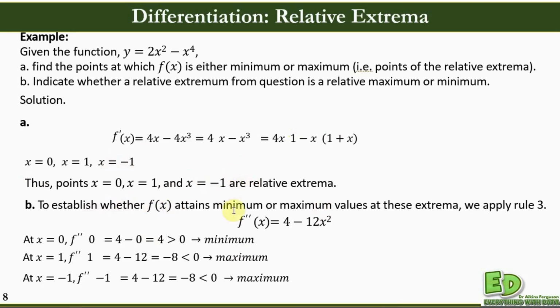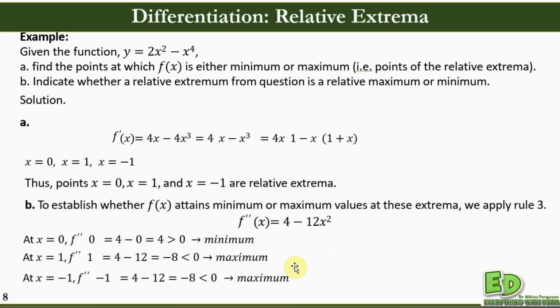So what do we do? We do the second test, right? To establish whether f of x attains a minimum or maximum value, we apply the third rule as a sufficient condition. Take the second derivative of this, 4x minus 4x to the power 3, and the differential of that will give you this, right?